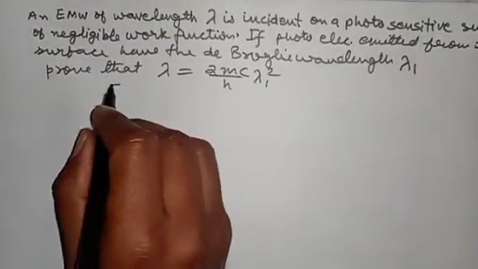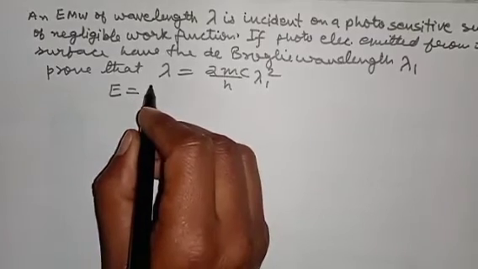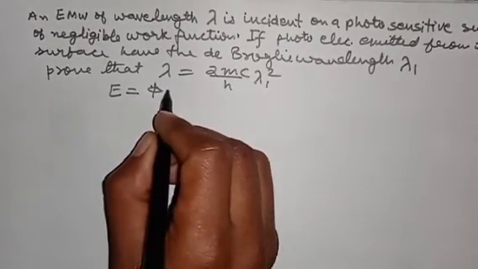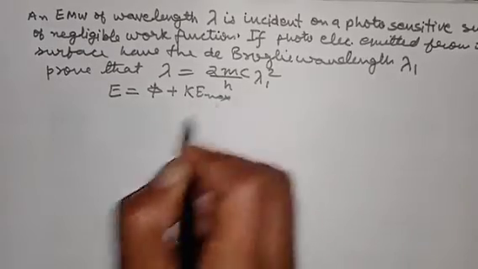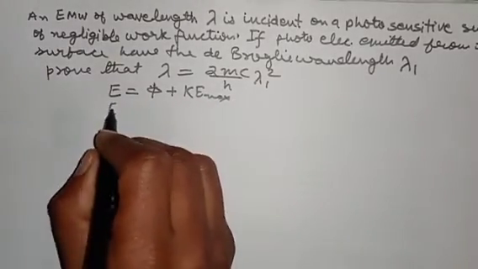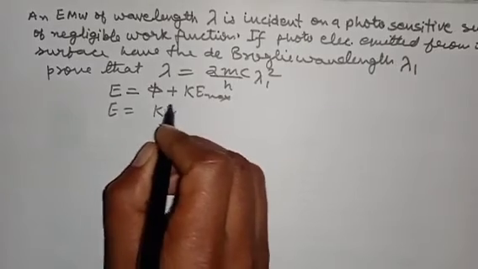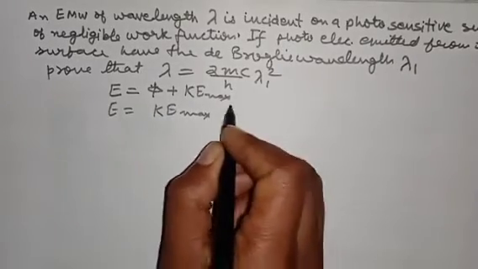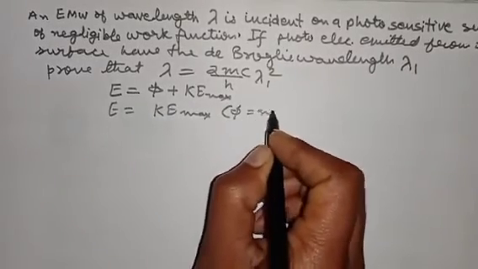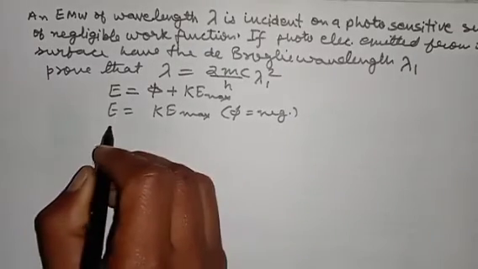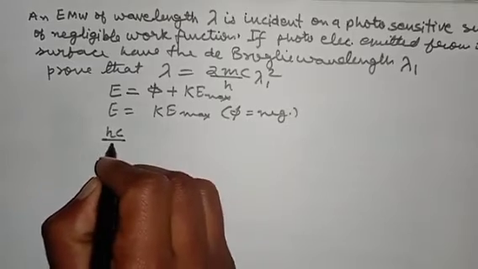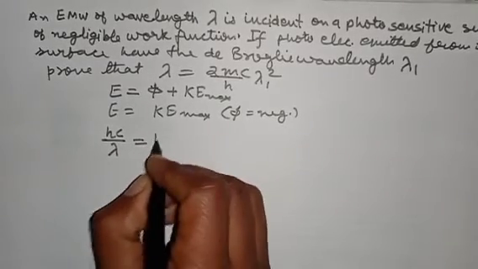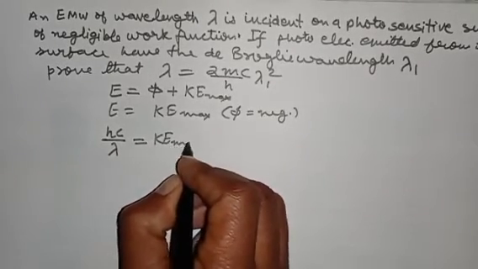Okay, so we know that E equals phi plus kinetic energy maximum. Here phi is negligible, so E equals kinetic energy maximum. So E is hc by lambda equal to KE maximum.